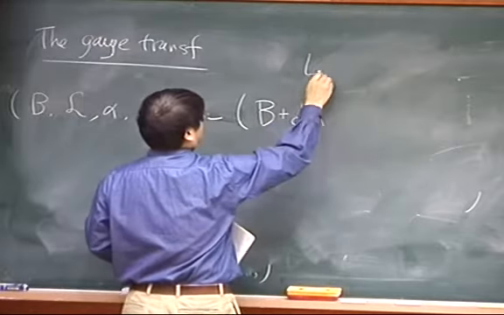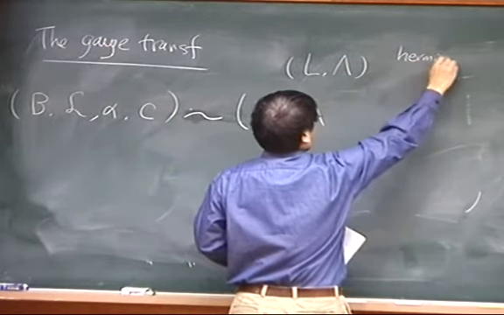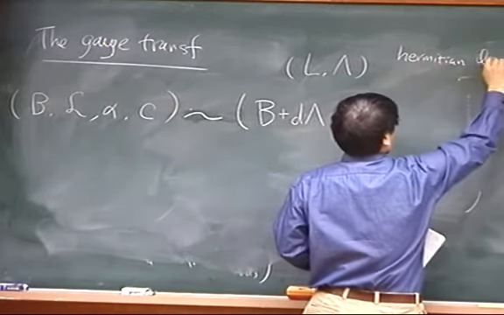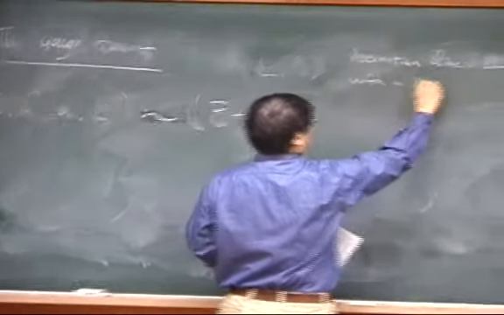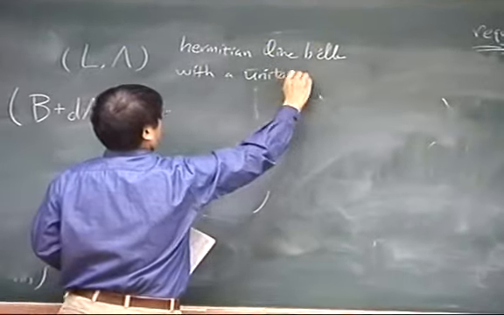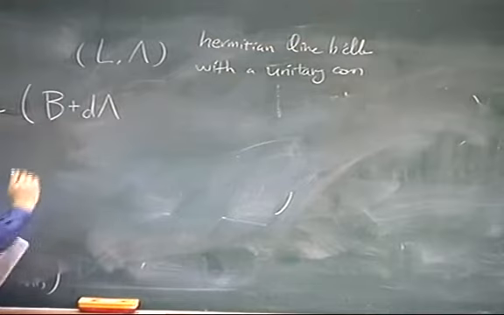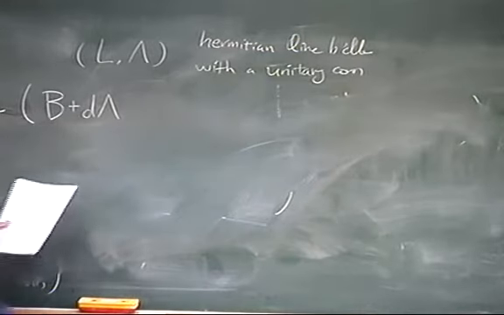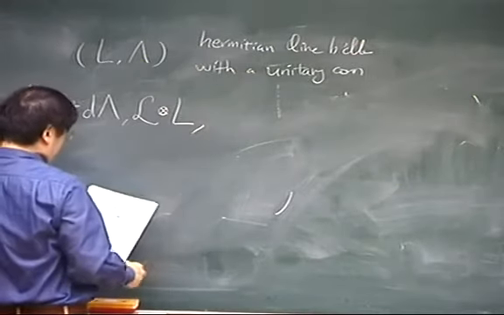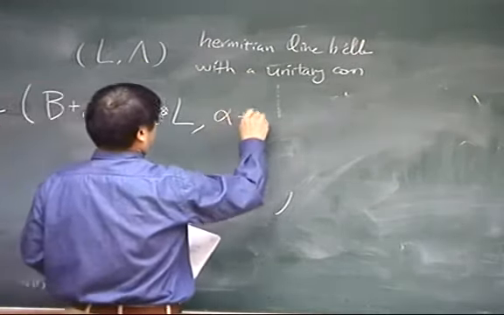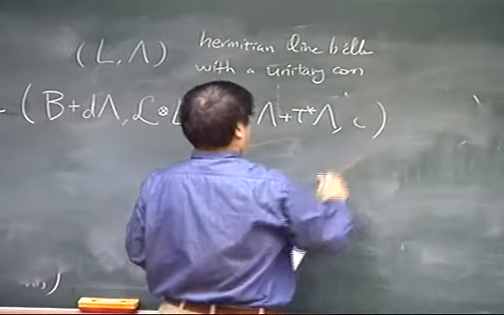Let's take L lambda, a Hermitian line bundle with a unitary connection. So B is shifted by the curvature of the connection lambda, and L is shifted by being tensored with L, and alpha is shifted by this, and C is untouched.